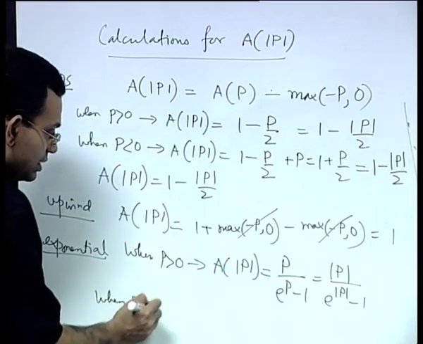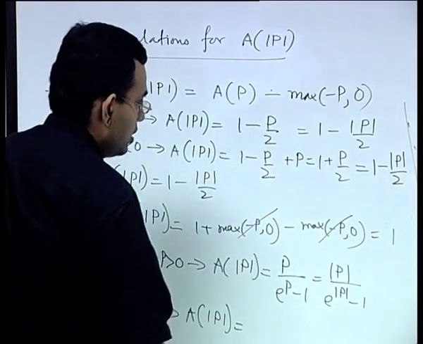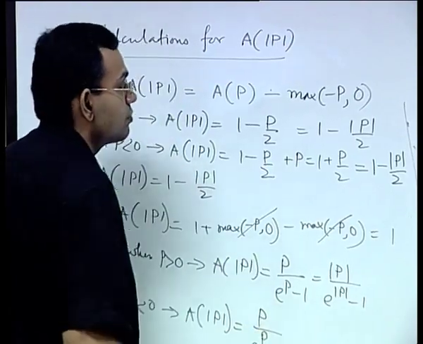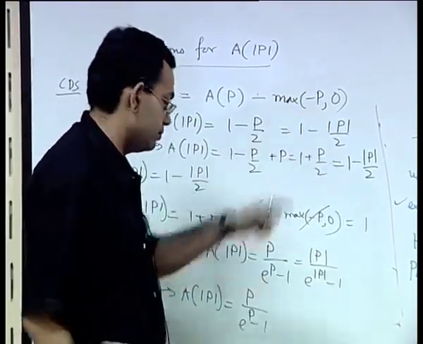When p less than 0, A of mod p is equal to p by e to the power p minus 1 minus max of minus p, 0. So, plus p.